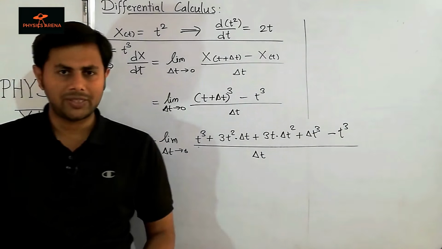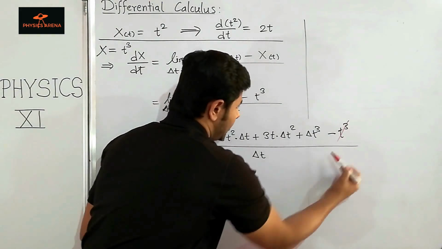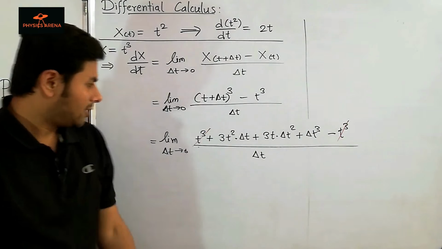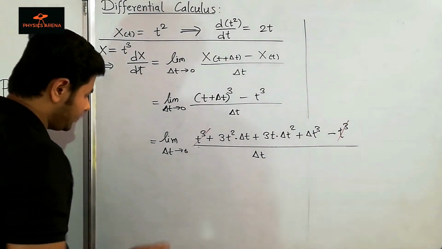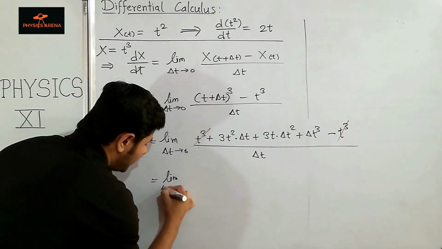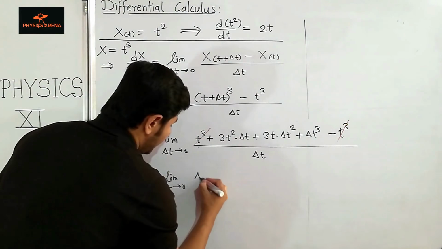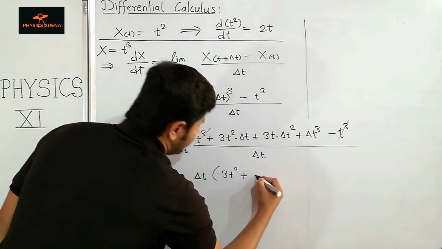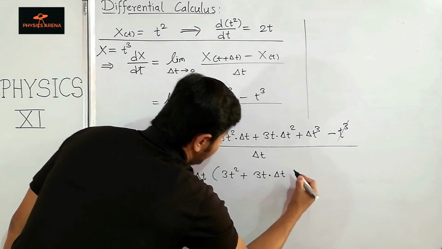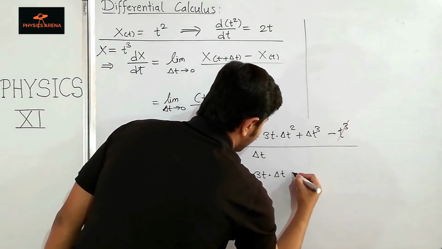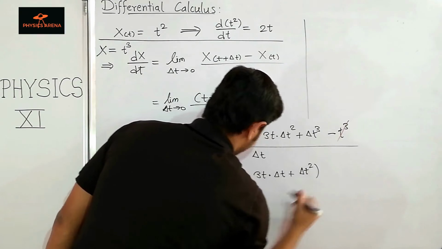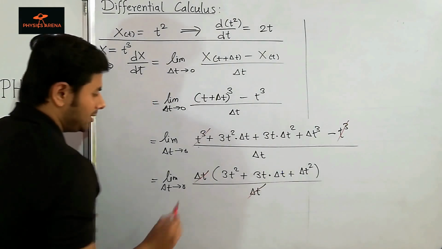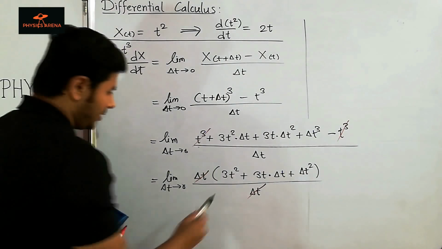And just like the previous case, you can see here that t cube and t cube get cancelled and we are left with this thing. Let's take delta t common again. So limit delta t tends to 0, delta t is taken common, so 3t square plus 3t into delta t from here plus delta t square, divided by delta t. This delta t is cancelled and we are left with this thing.